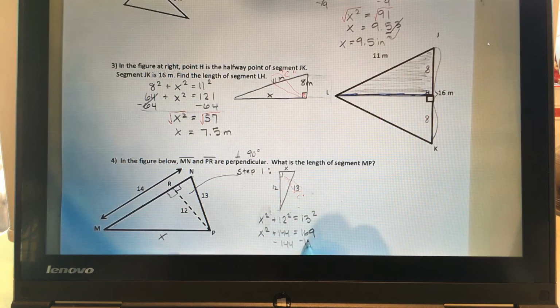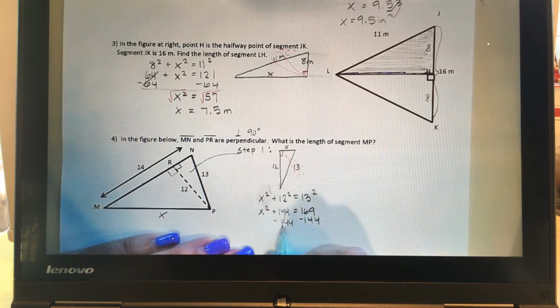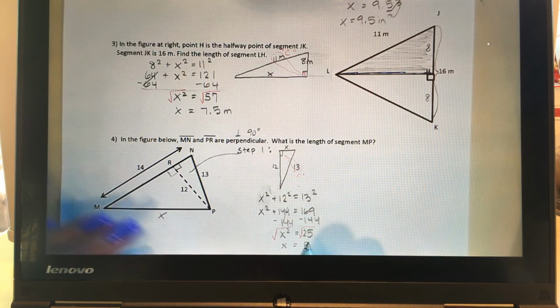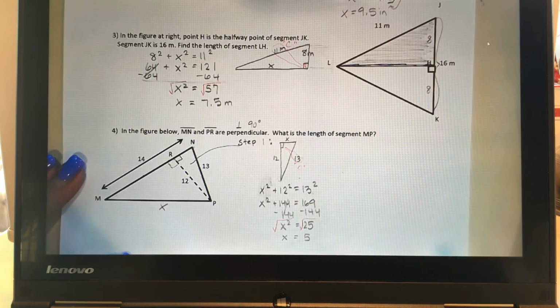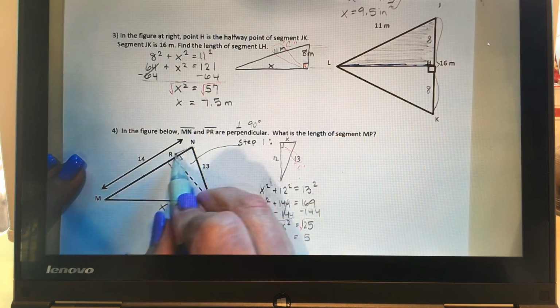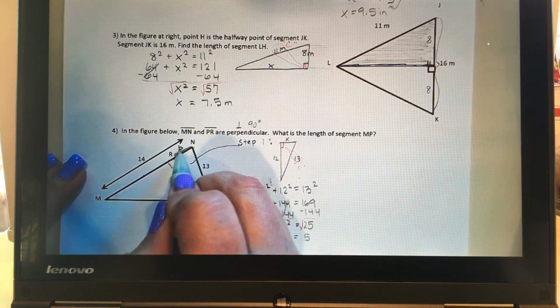Subtract 144 from both sides, and that gives me, let's see, 25. And taking the square root of that on both sides, x is equal to 5. So what I found in my first step is that this value right here is 5.